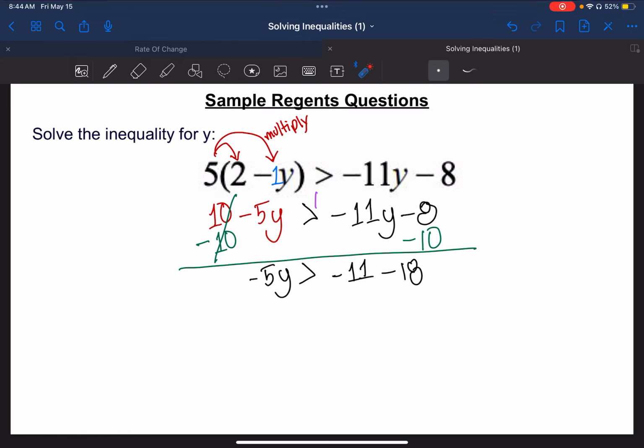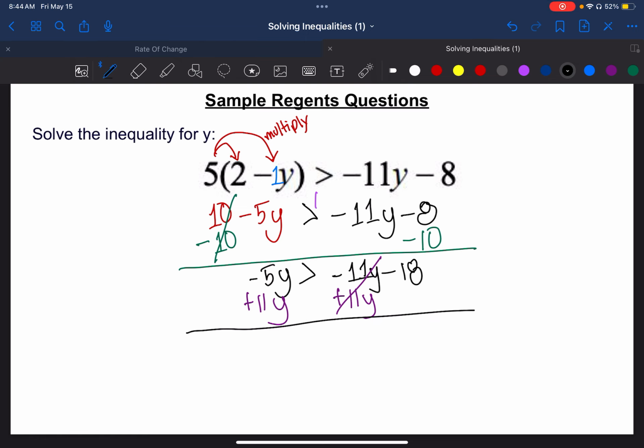Now that I moved everything that doesn't have a y out of here, I'm going to move all my y's to the left, meaning this negative 11y. To cancel this out of here, I am going to add 11y, that would cancel it, and I'm going to add 11y on this side as well.